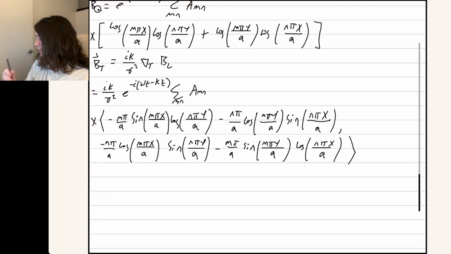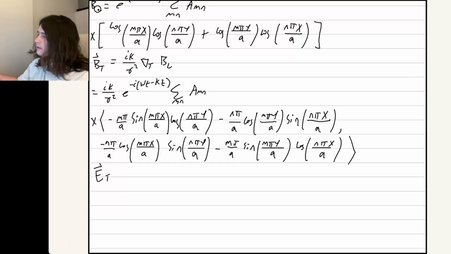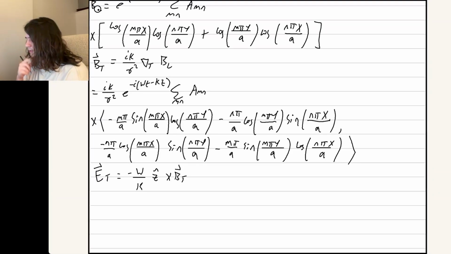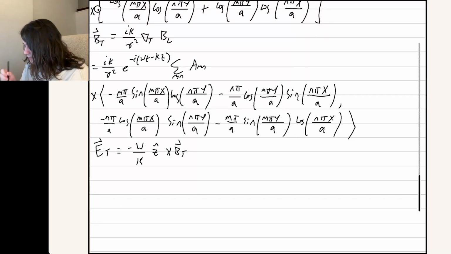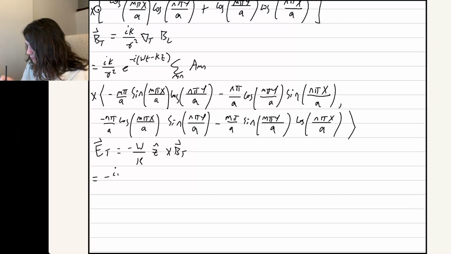Finally, we can calculate the transverse electric field, which is going to be minus omega over k, z hat cross the transverse fields. So that means we're going to have minus i omega over gamma squared, e to the minus i omega t minus kz.